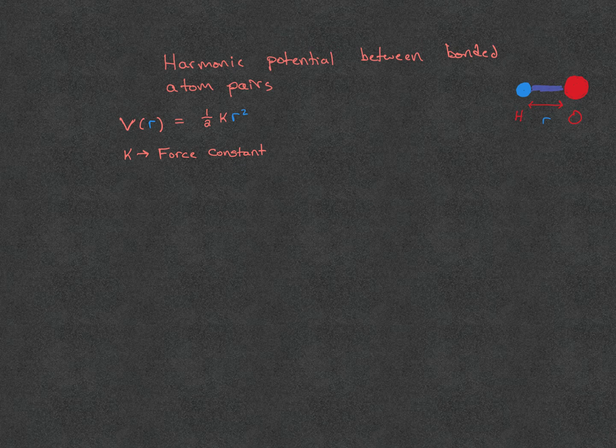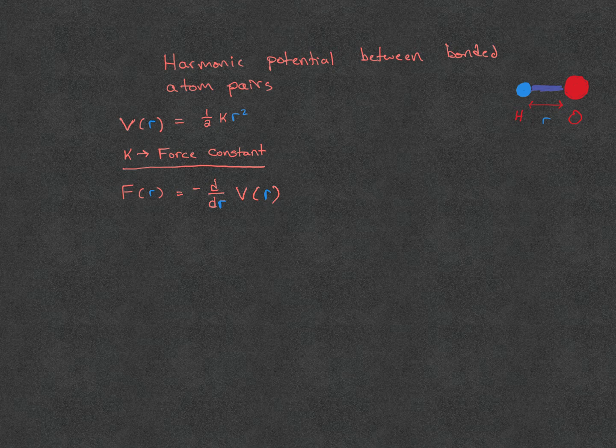Okay, well, let's take our same idea as before. Let's use our expression that the force as a function of separation is equal to the negative derivative with respect to R of V of R, right?